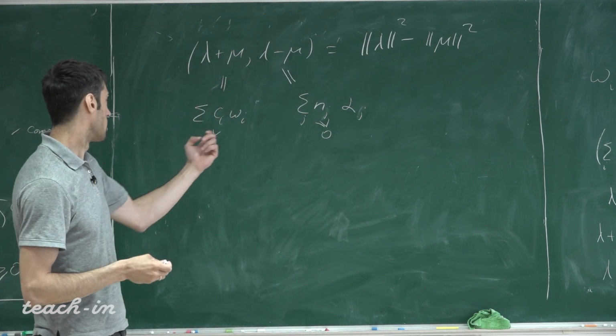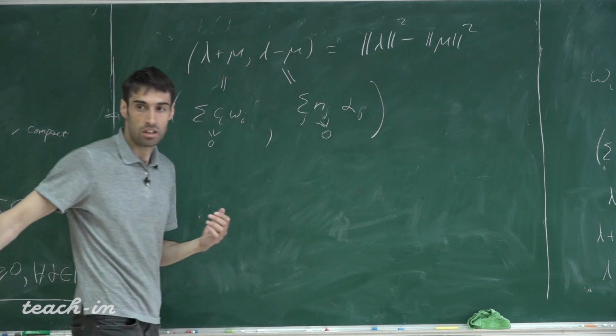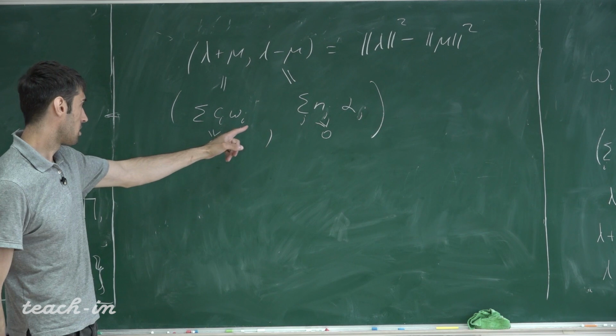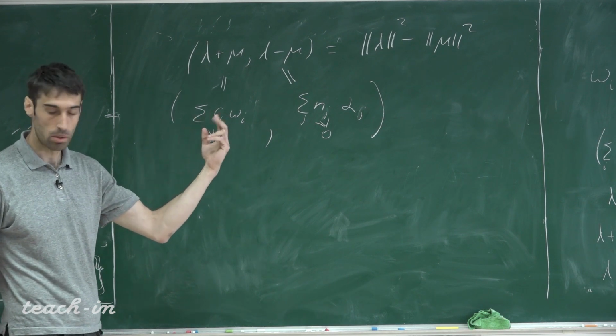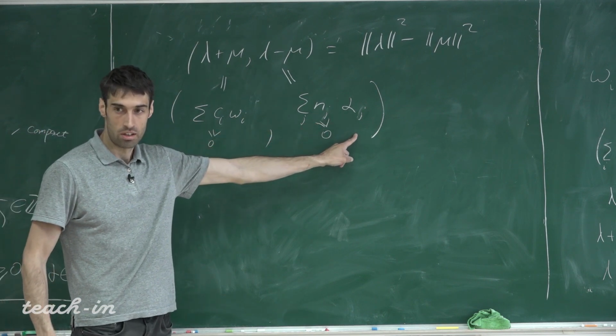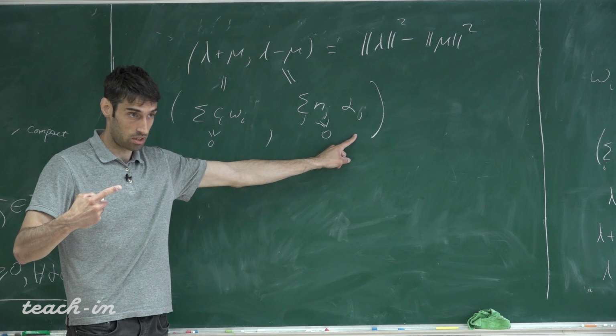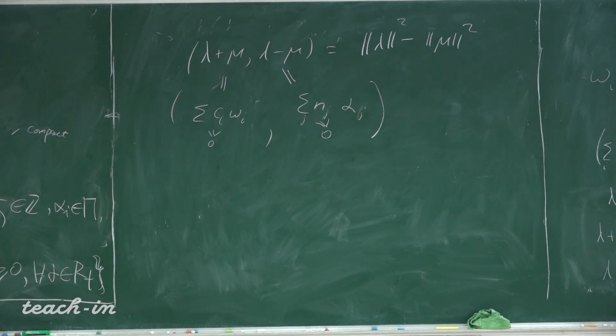But then, if I take the scalar product of these two, I will have delta ij because of omega i and alpha j here, times some constant, but this constant is also positive. It's 2 over alpha j.